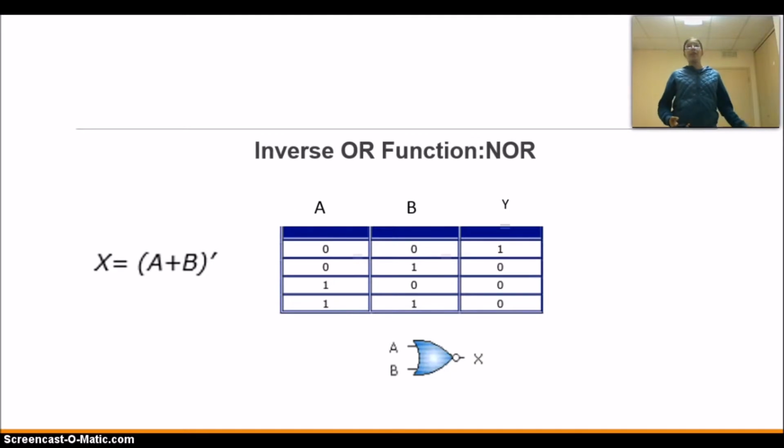Then we have the inverse OR function, its name is NOR, N-O-R. The expression that indicates the inverse OR function is the one that appears on the left side, that is (A plus B) between parentheses, prime. As I said, prime is going to indicate the opposite, the inverse of the values that we already have.